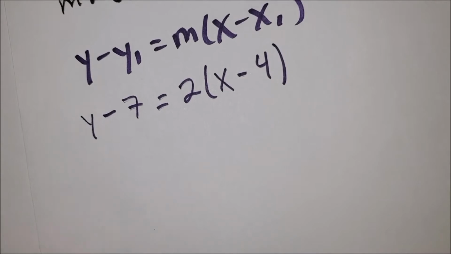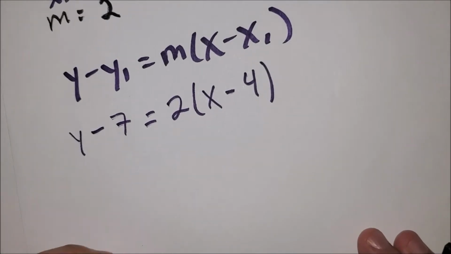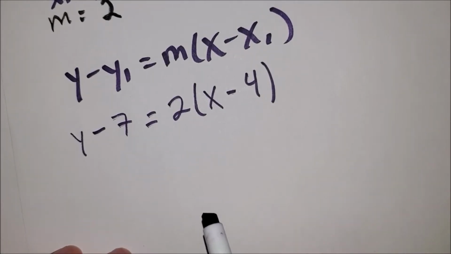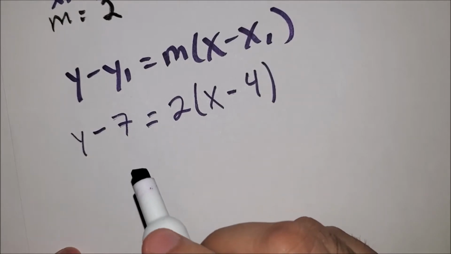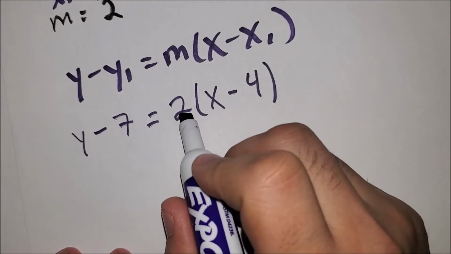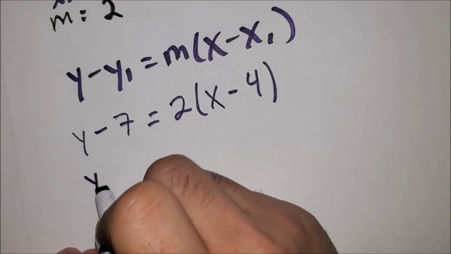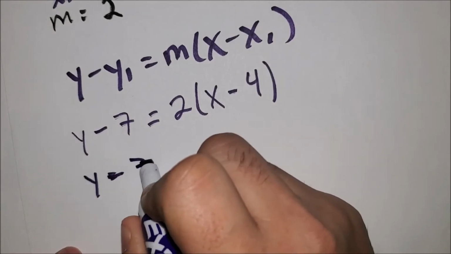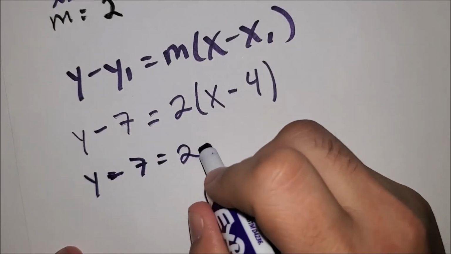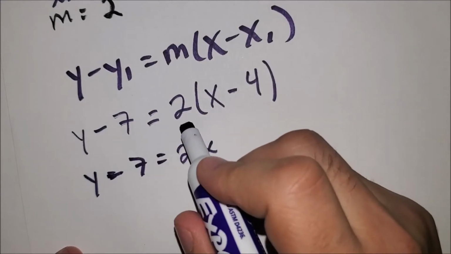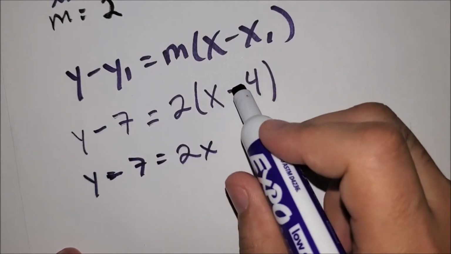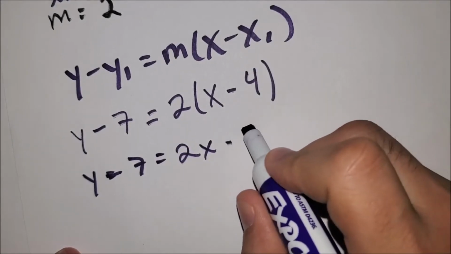So then we just solve this problem. We put everything together to change it to a y equals form. First we're going to distribute this 2. y minus 7 equals 2x, 2 times x is 2x, and then 2 times minus 4 is minus 8.